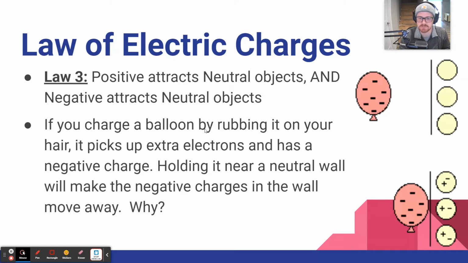If you charge a balloon by rubbing it on your hair, it picks up extra electrons and has a negative charge. Holding it near a neutral wall will make the negative charges on the wall move away, because like charges push like charges away, which naturally draws the positive charges towards those negative charges.